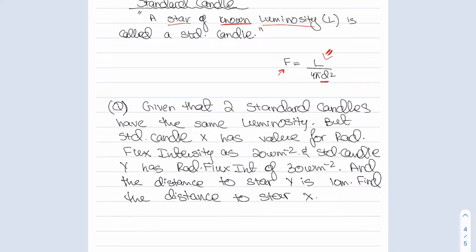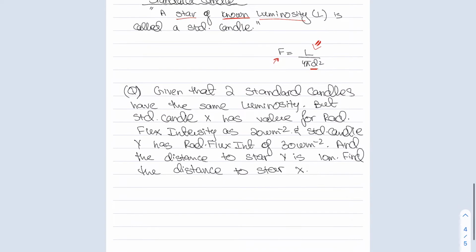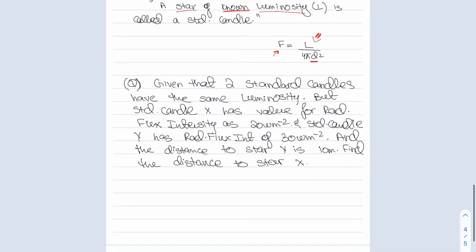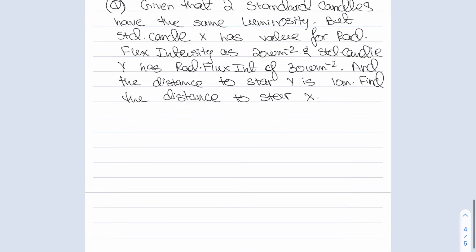Okay, so that was a long question, but it's actually very simple. So I'll draw out a diagram so that it's easy for you to picture this. So let's read the question once again.